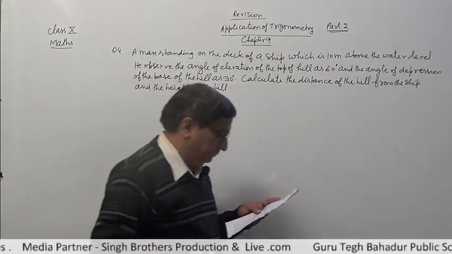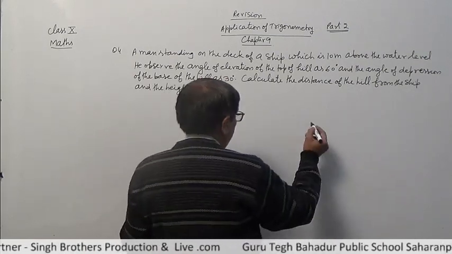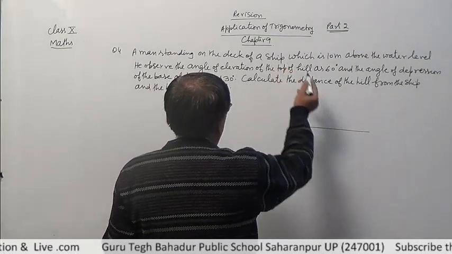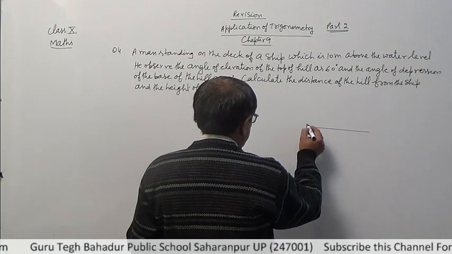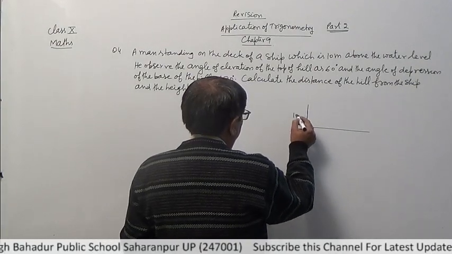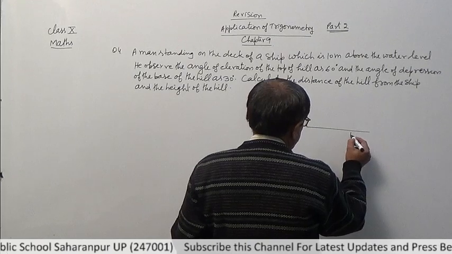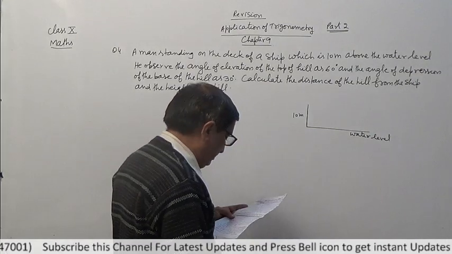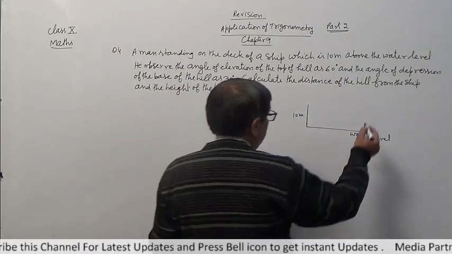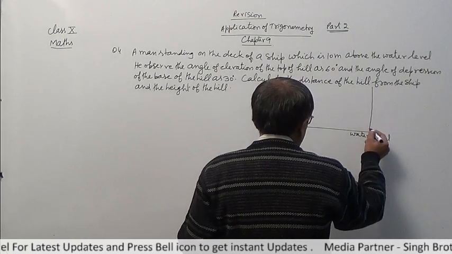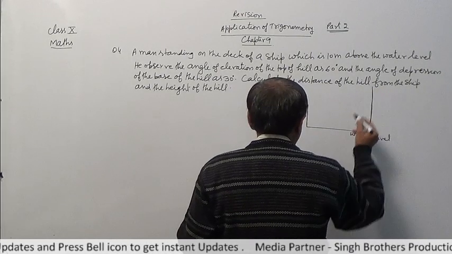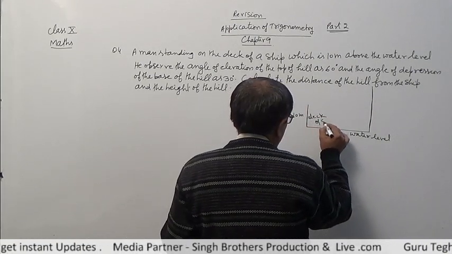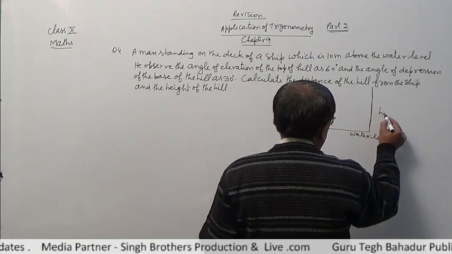Now see it, this is water level. A man standing on the deck of a ship which is 10 meter above. This is 10 meter, this is water level. He observed the angle of elevation of the top of the hill. This is the hill, this is the deck of the ship.